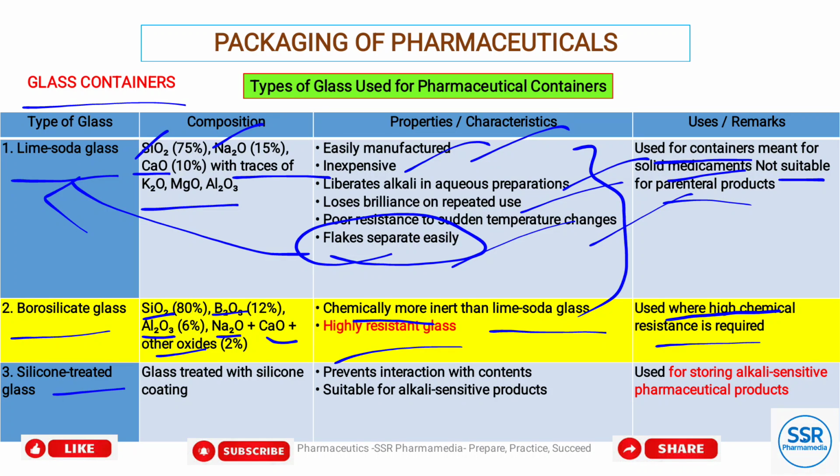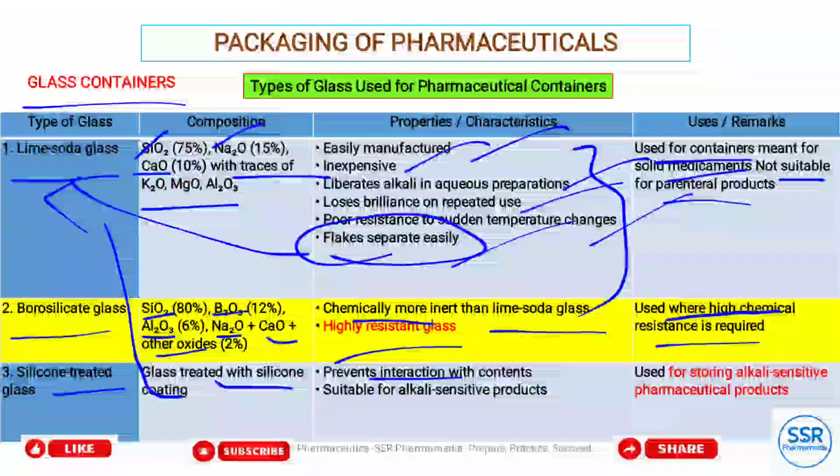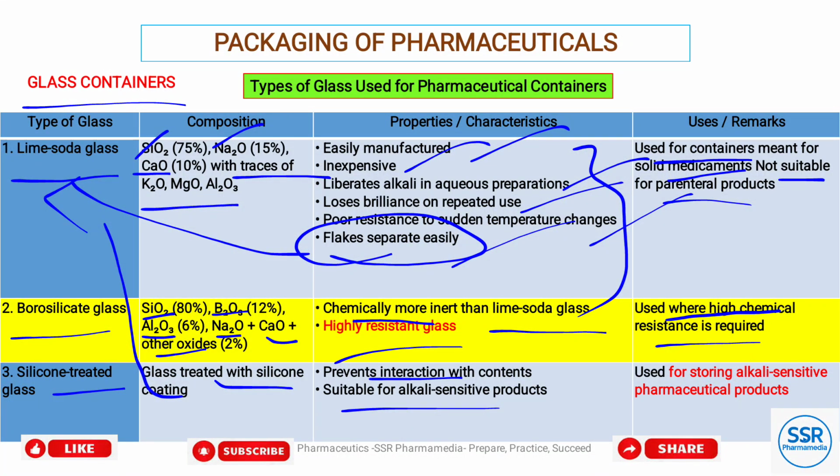And the third type is silicon treated glass. Lime soda glass is treated with a silicon coating. This prevents interaction with the contents and is suitable for alkali sensitive products. So it is used for storing alkali sensitive pharmaceutical products.